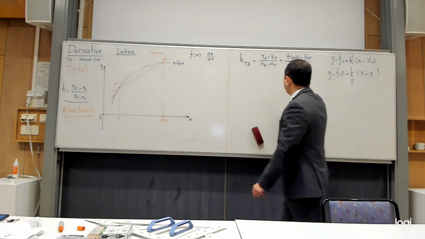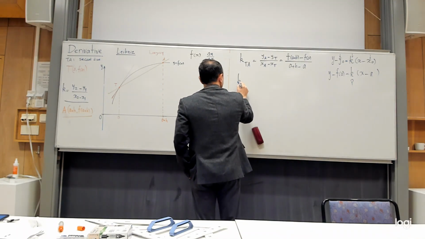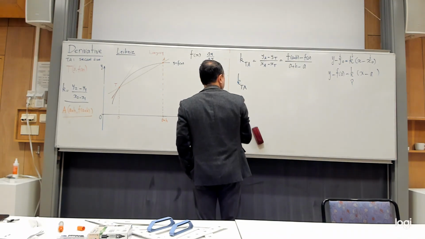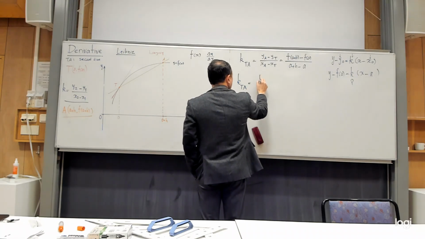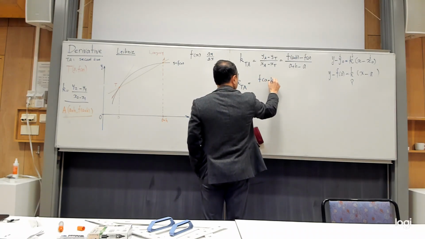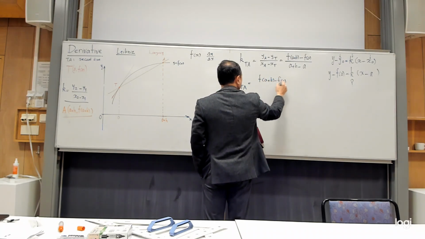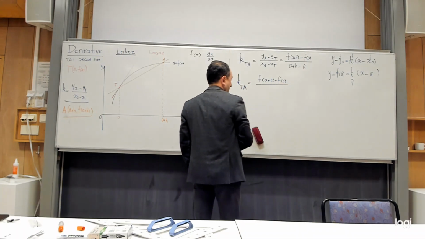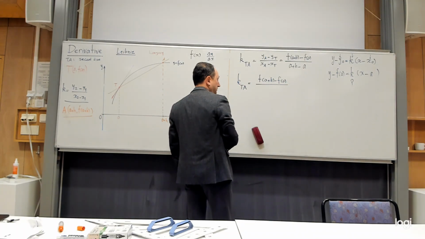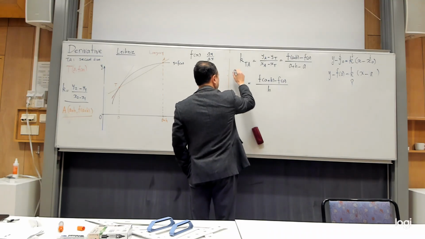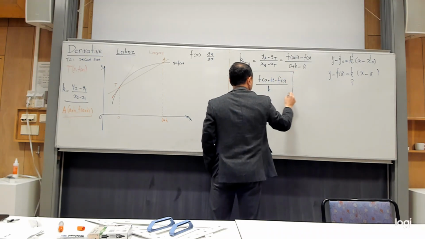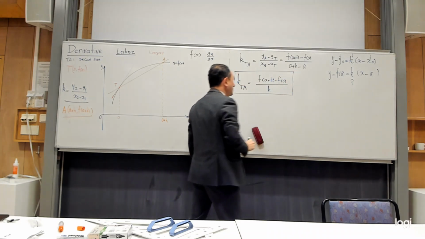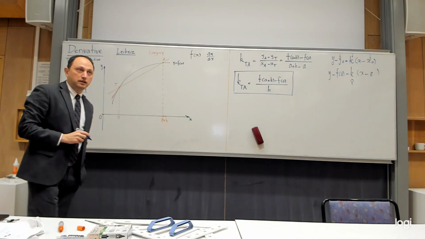I can simplify it a little bit, so I can write k of the secant line is equal to f of a plus h minus f of a, divided by h. Are you with me? So this is the k value of the secant line.